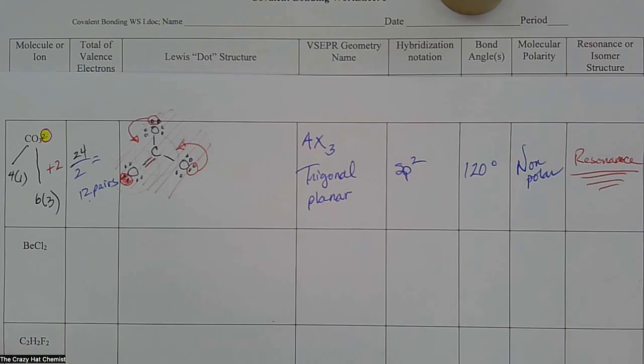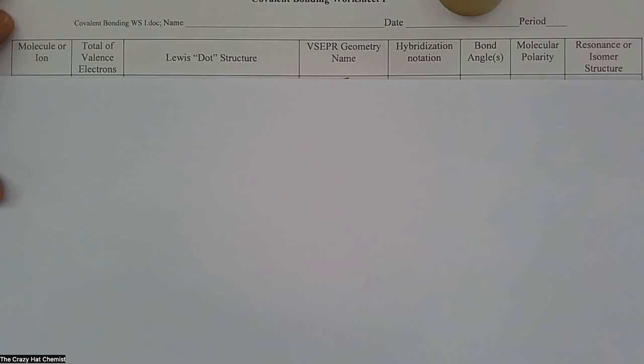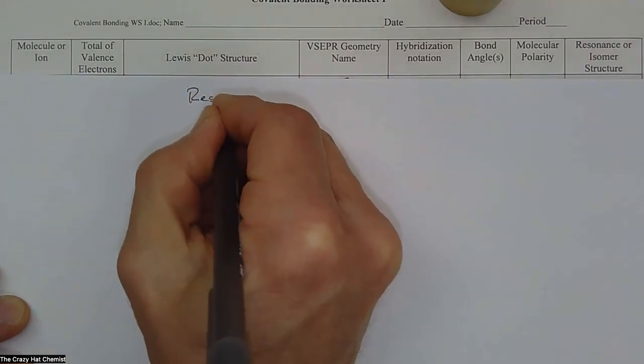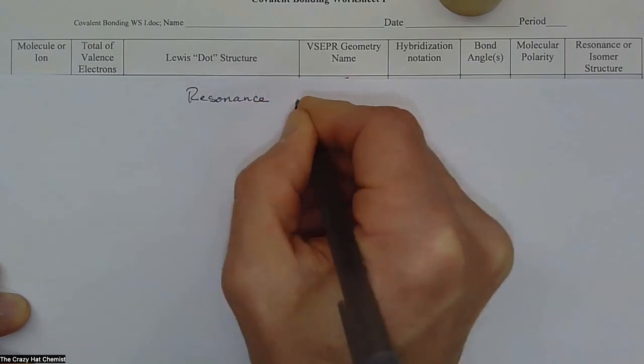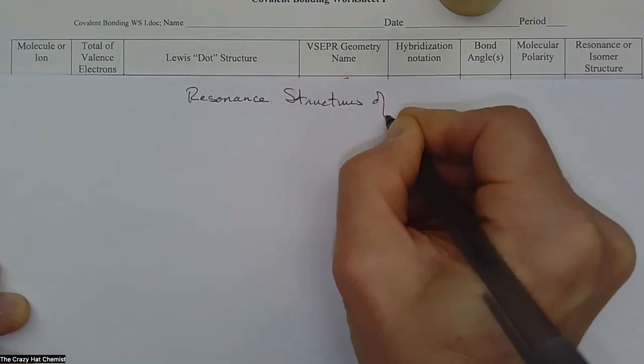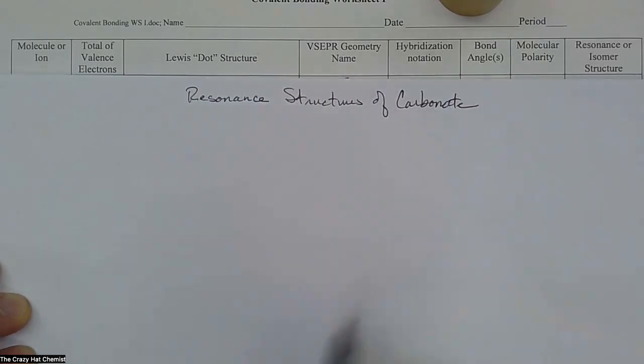So I'm going to peel this off to the side for just a moment, leave a blank white sheet of paper here, and then we're going to do it right here for all the resonance structures. So these are the resonance structures for carbonate.